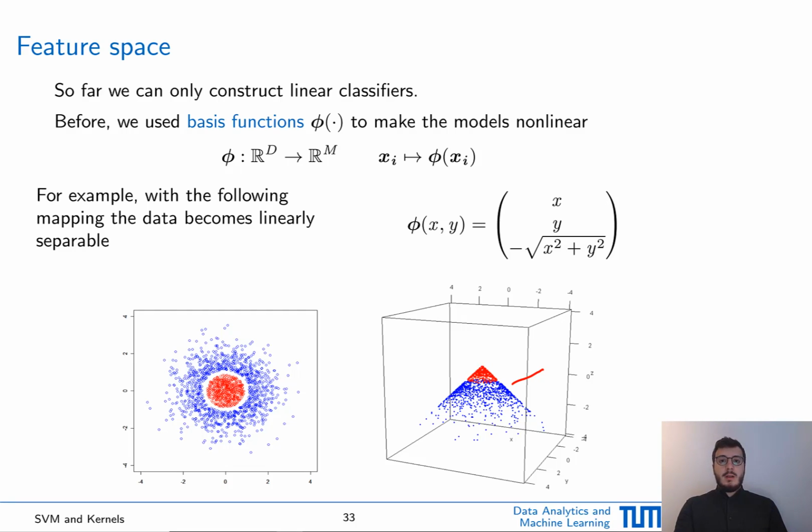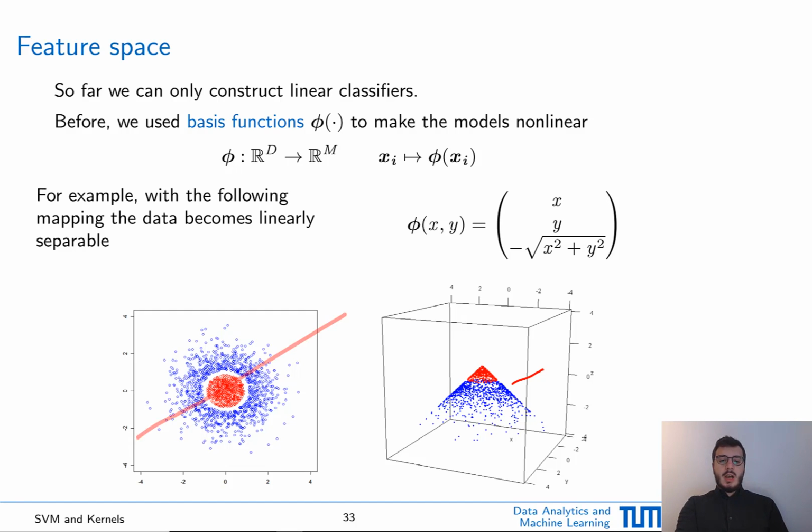But let's see what happens if you run soft margin SVM on the example shown on the slides. Then we will get some solution, but this solution will not do a good job because the classifier will not be able to accurately separate the two classes.